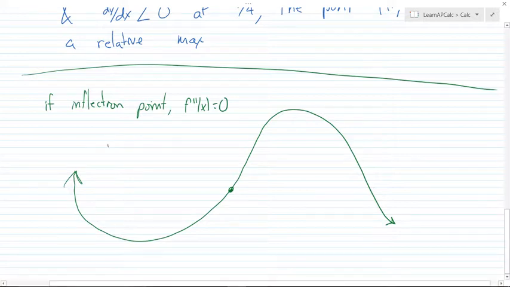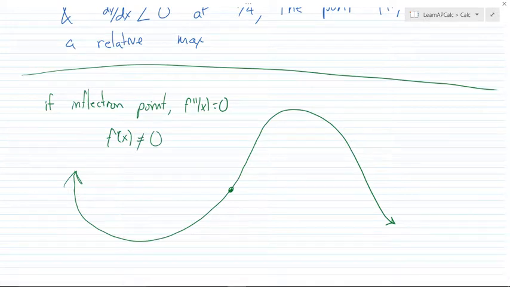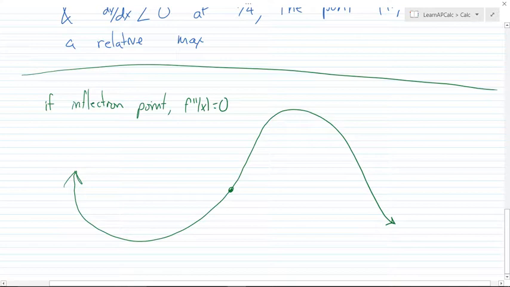Also note that at inflection points, this is not to say that the first derivative equals 0, only the second derivative. If you think about this, if f prime of x equals 0, that means our tangent line looks like so.